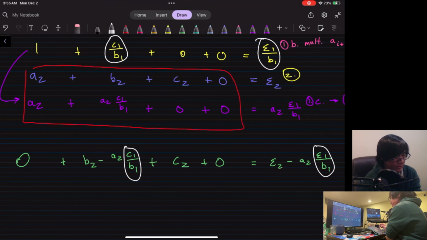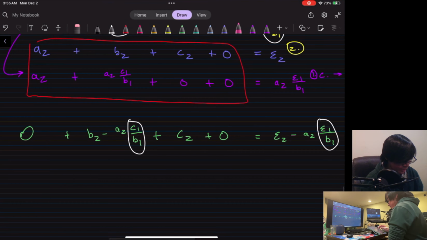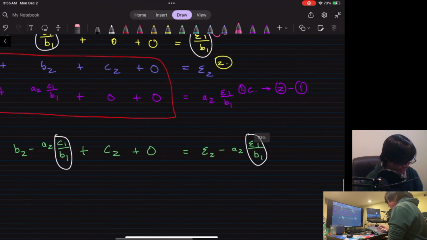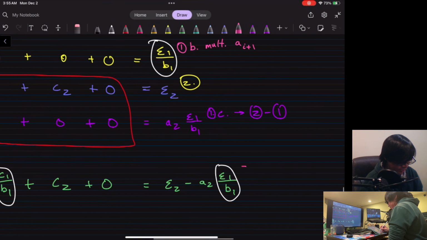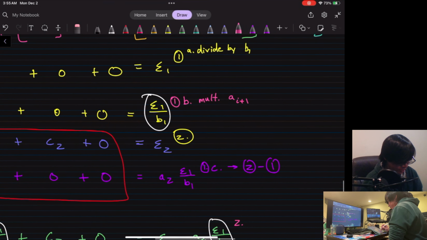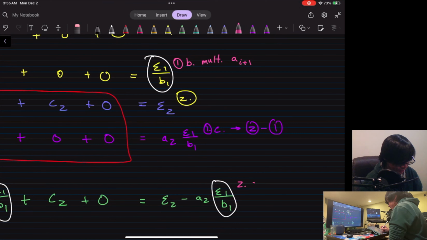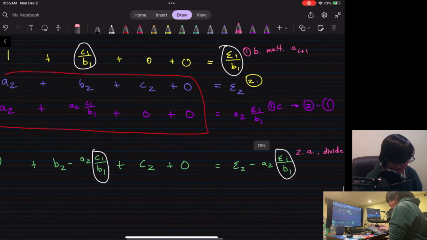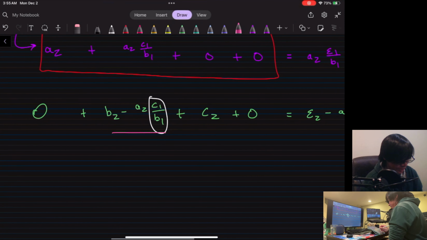If we do this for the second equation, let's label this as 2, and then our first step is to divide by the b term. This is our b term here, and we'll divide all across.